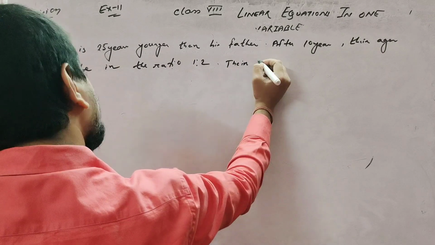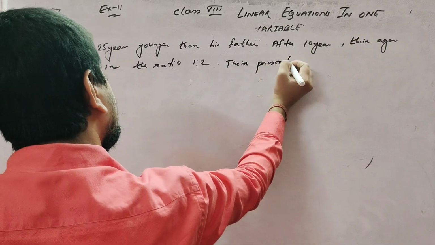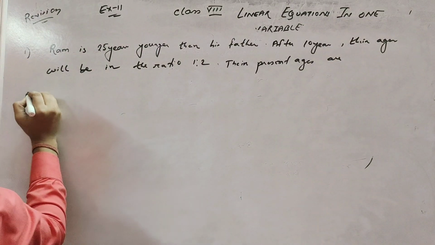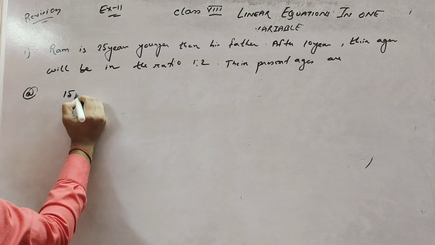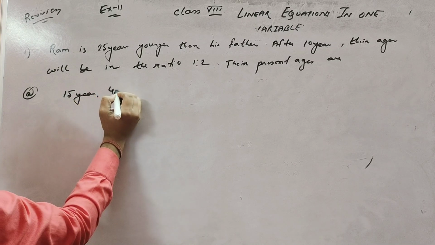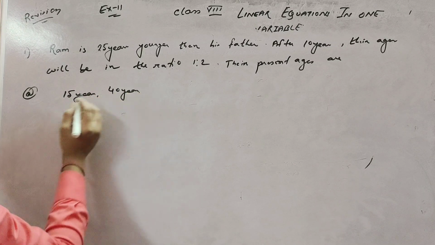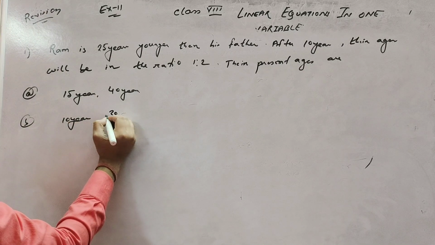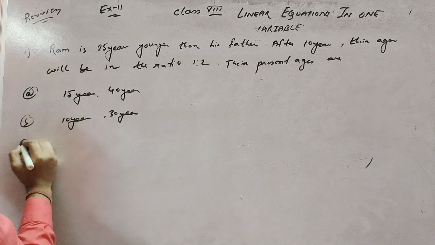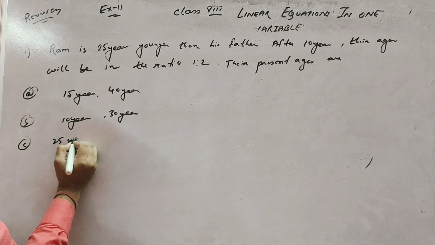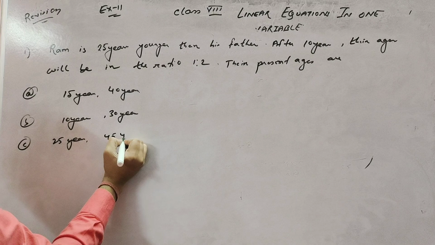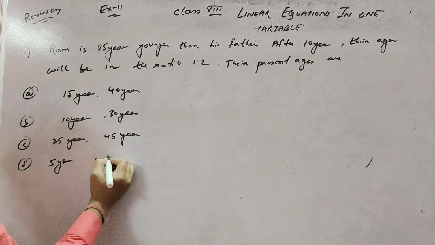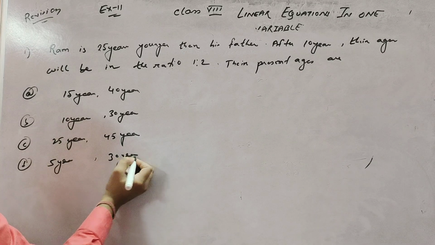Their present ages are: option A, 15 years, 40 years; option B, 10 years, 30 years; option C, 25 years, 45 years; option D, 5 years, 30 years. Okay.